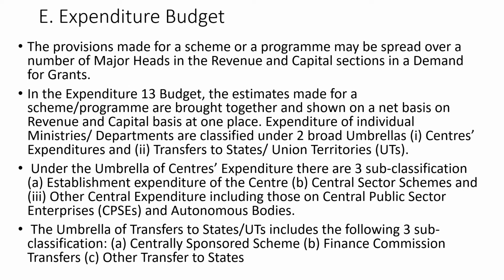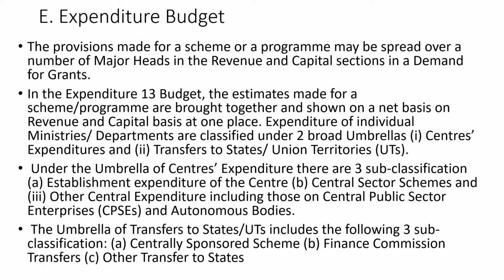Moving to the next part, that is the expenditure budget. As we all know, this is spread over a number of major heads, the revenue and capital sections. We have a revenue expenditure section and a capital expenditure section. In the expenditure budget, the estimates are made for schemes or programs which are brought together.